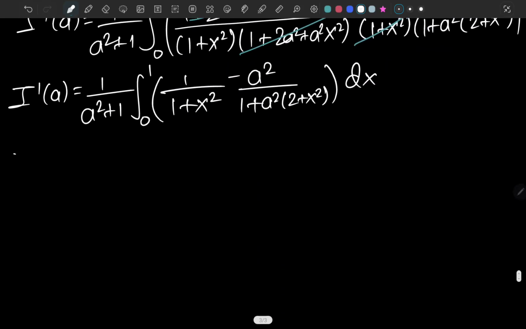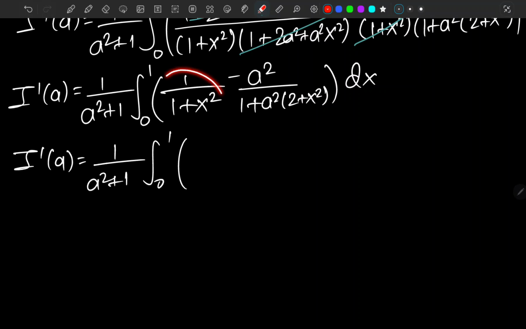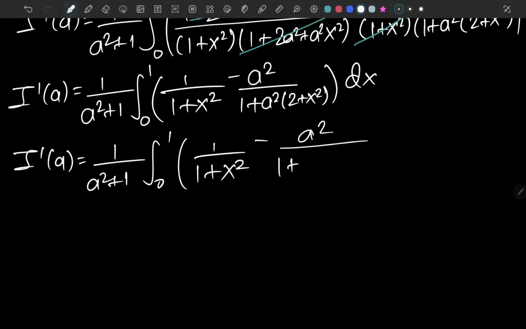And now again we are going to do something here. I prime of a equals 1 over a squared plus 1, integral from 0 to 1. We don't have to disturb this one because this is already very easy to evaluate. It's just arctangent of x, but we are looking for this one. So it's minus a squared over 1 plus 2a squared plus a squared x squared.